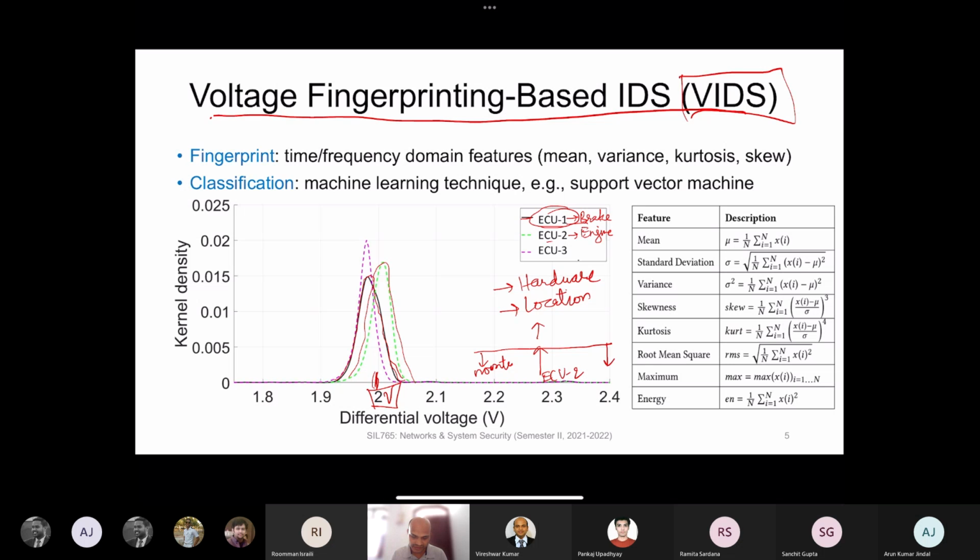But if this ECU1 is at a slightly more distant location, so remember this is a wired communication here, and they are trying to inject voltage values for communication. So the ECU1 may have a little lower voltage, and that is what is being represented here, that these voltages will be slightly different for these different ECUs.